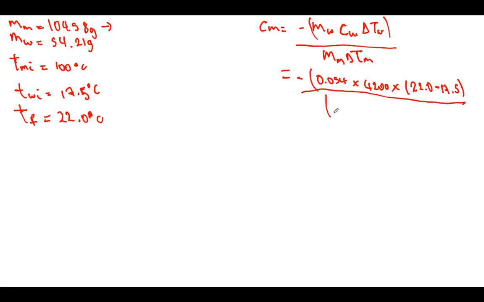What is the mass of the metal? 104.58 grams. What is that in kilograms? 0.104, times the change in temperature. So what was the final temperature of the metal?